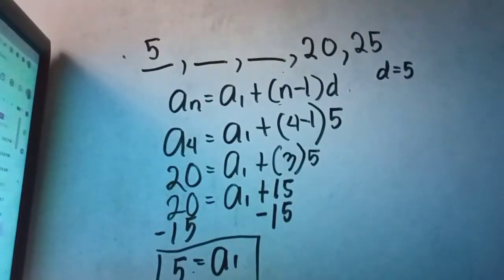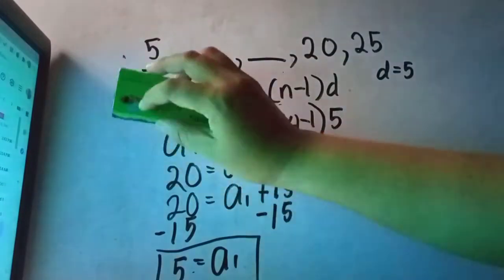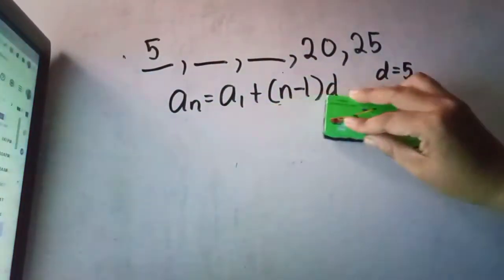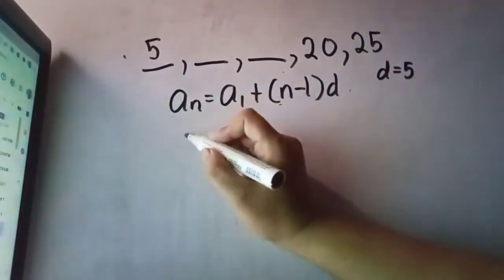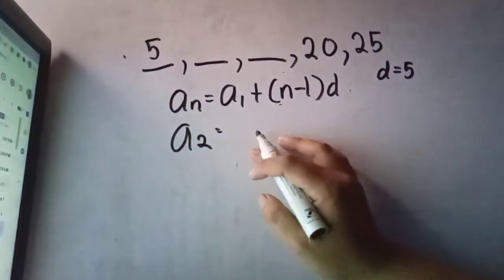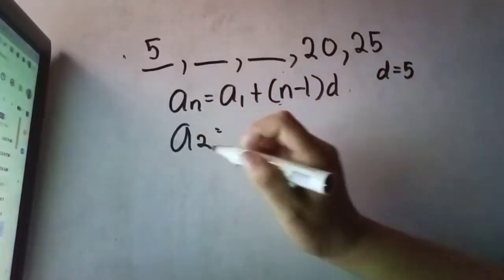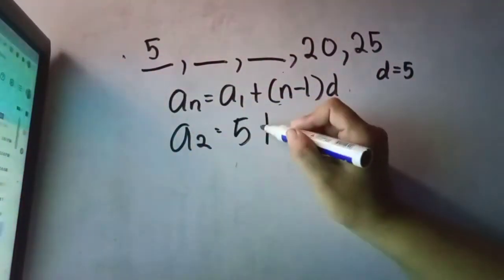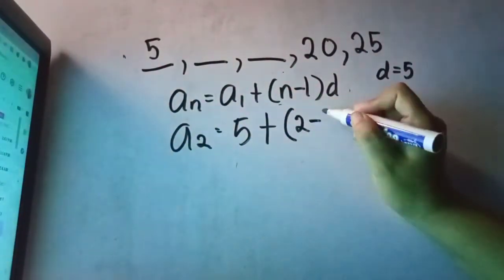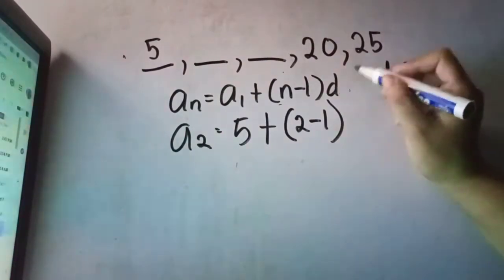Okay, so let's find the second term. Okay, second term, A sub 2. So, ang ating first term ay 5. So, meron na tayong first term plus n. Ang ating n ay 2 minus 1. Ang ating d ay 5.